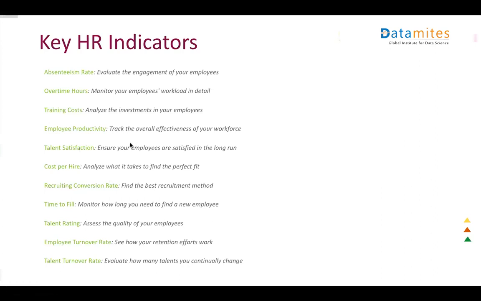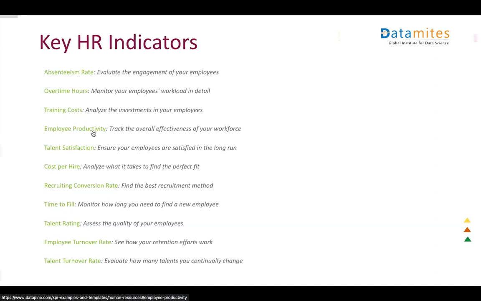If you want to focus on a problem, these are the major indicators on which HR people work: absenteeism rate, overtime hours, training cost, employee productivity. This is the main concern for HR people, how productive the employee is.